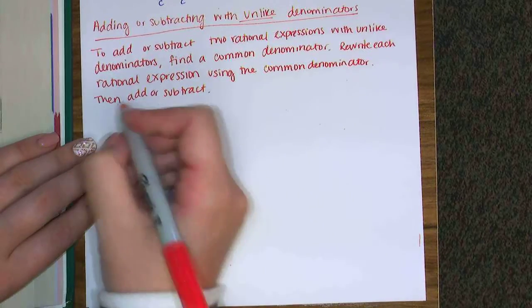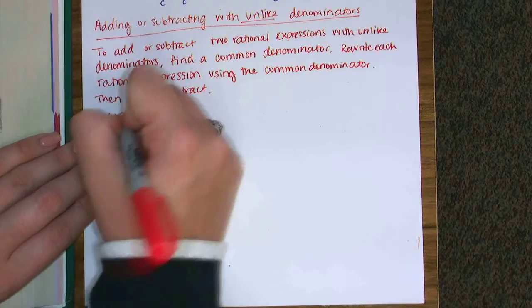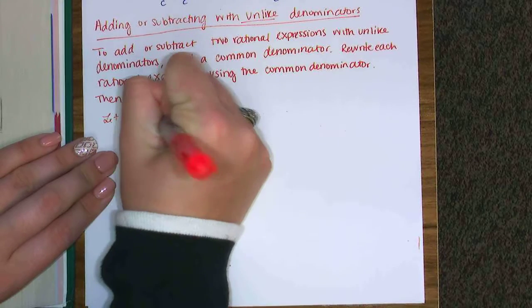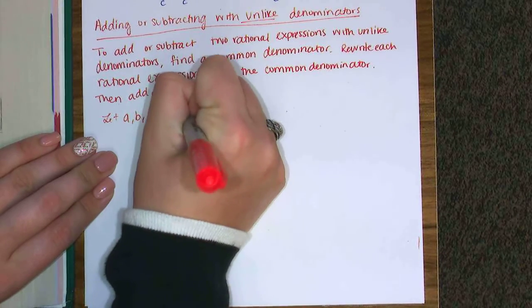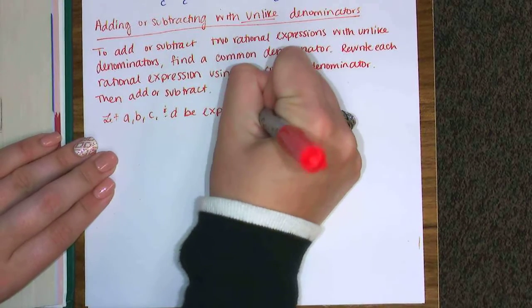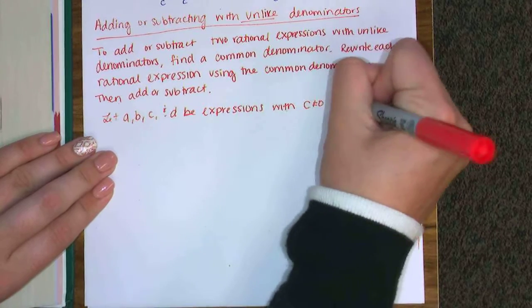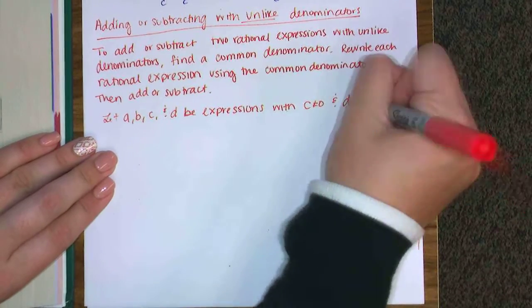So we would say for this one, to get the property, let A, B, C, and D be expressions with C not equal to 0 and D not equal to 0.